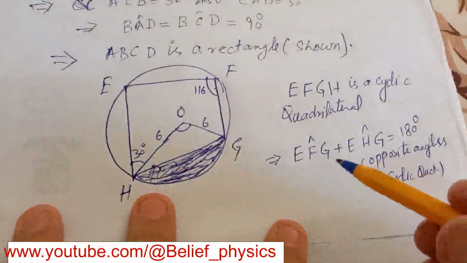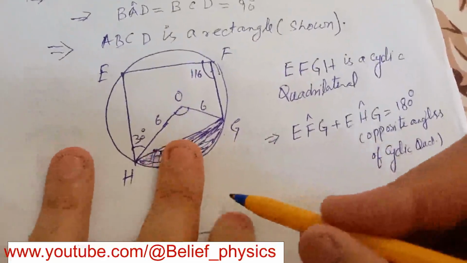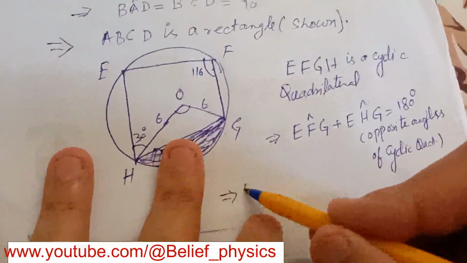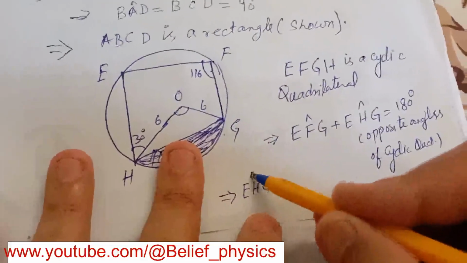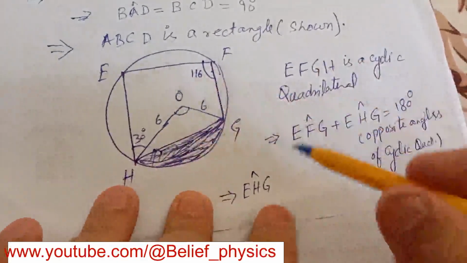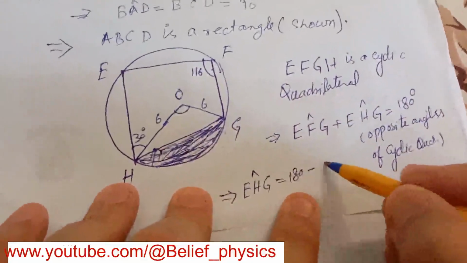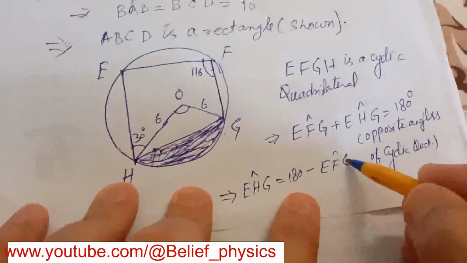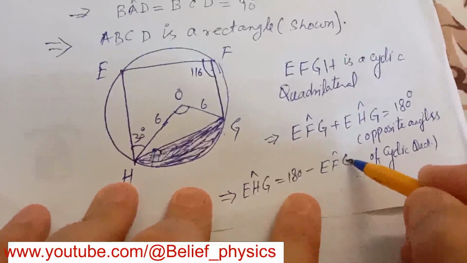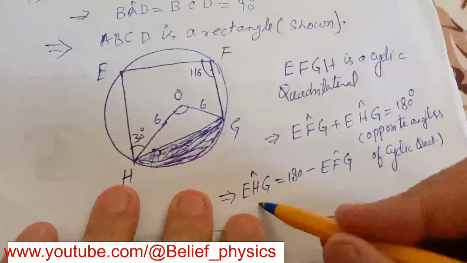From here EFG is 116, so we can write that EHG should be equal to 180 minus EFG, and EFG is given as 116, so put the values.